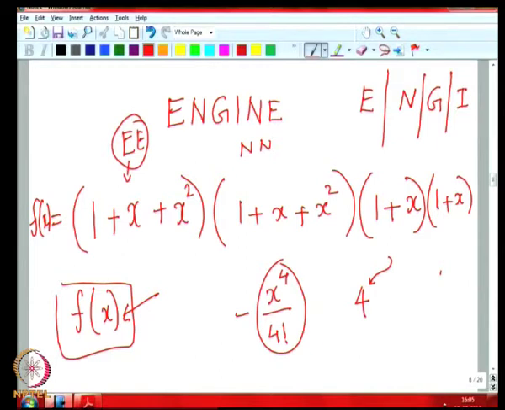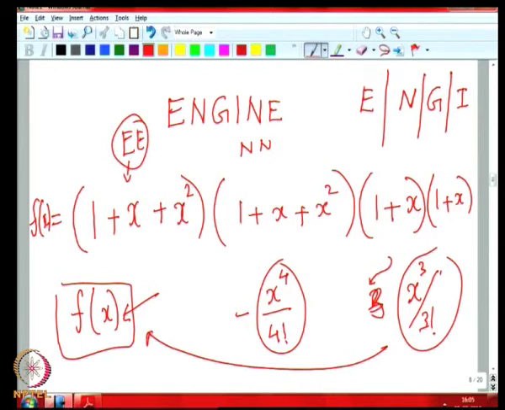If you are only talking about picking 3 letters from this, then we have to look at the coefficient of x cube by 3 factorial in f of x. In general, if you are looking for picking k letters, then the coefficient of x raised to k by k factorial is what we are looking for.